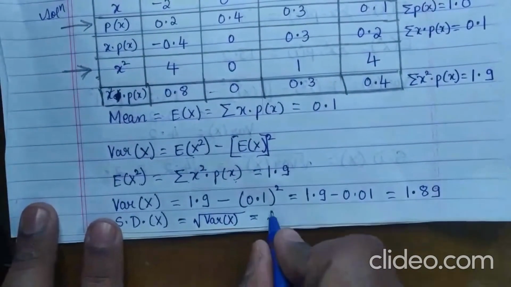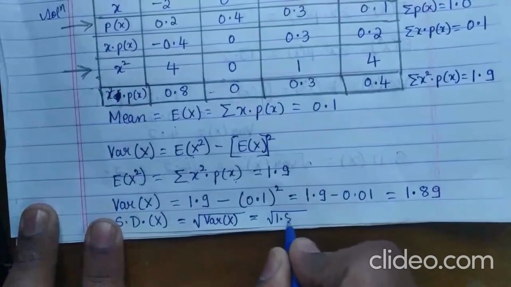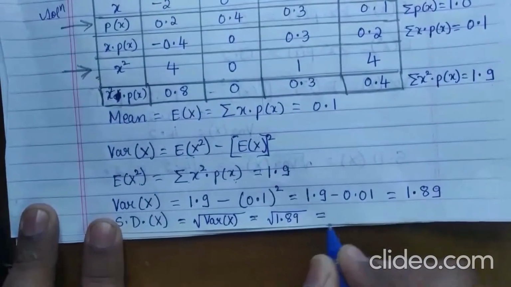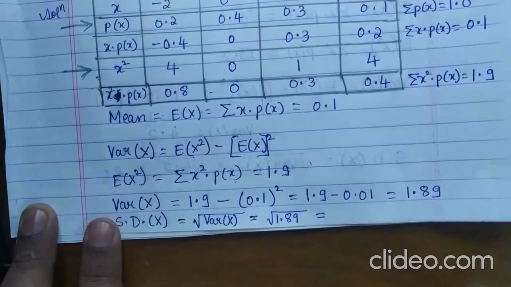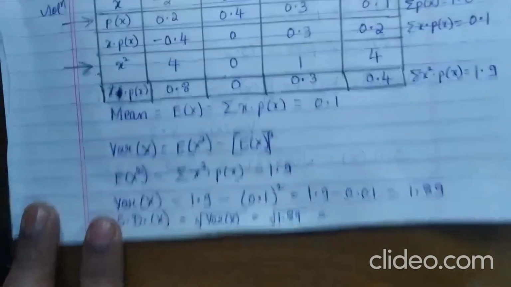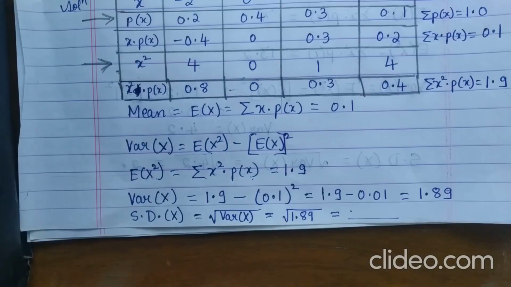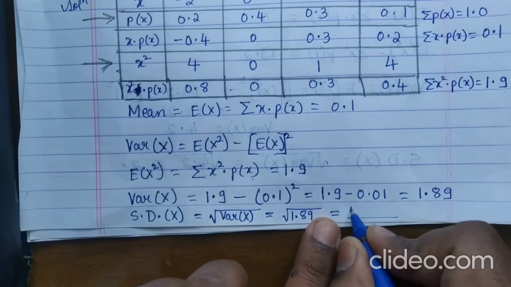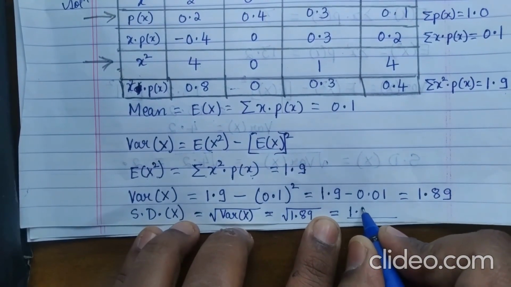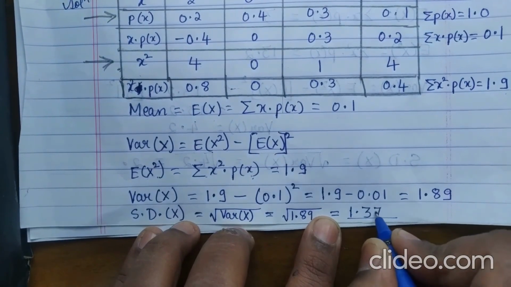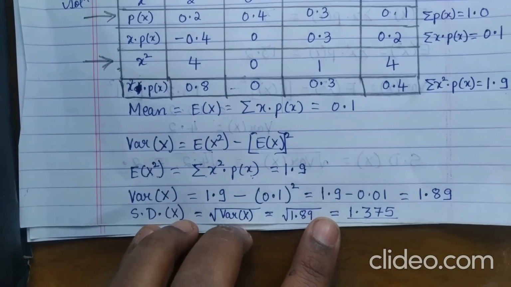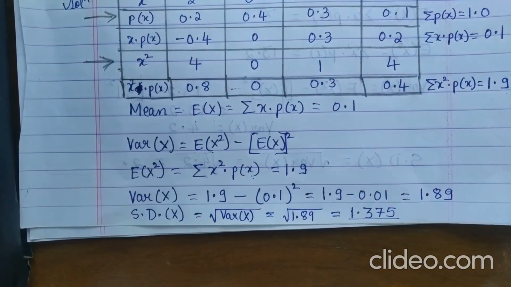It is equal to square root of 1.89. It comes roughly to 1.375. Just check whether you are getting the same answer with your calculator.